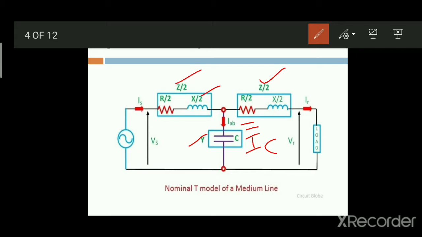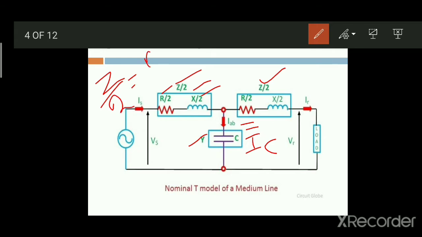Z by 2 is the series impedance divided into two halves, represented as Z by 2 and Z by 2. Z by 2 is equal to R by 2 plus X by 2, and the same for the other Z by 2.